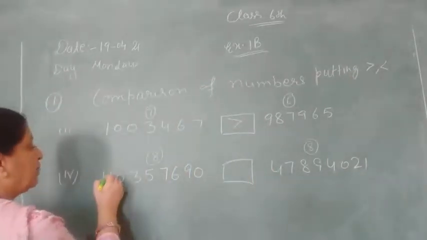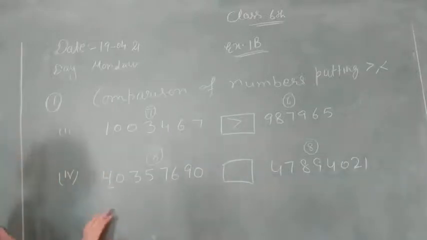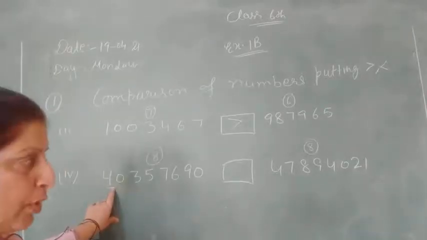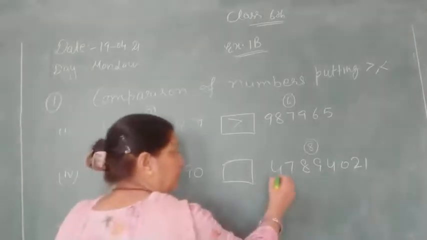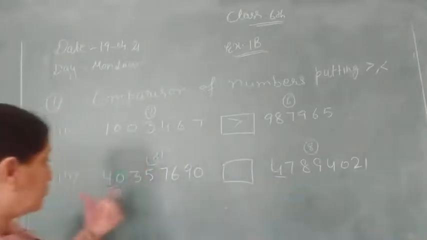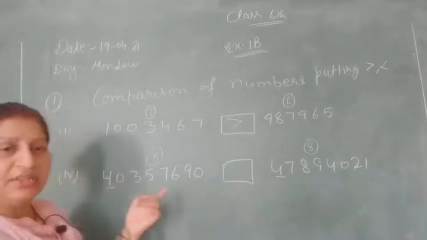First we check this number. Now we see that this digit is 4, and here also the digit is 4. Now we are not able to find which number is greater.